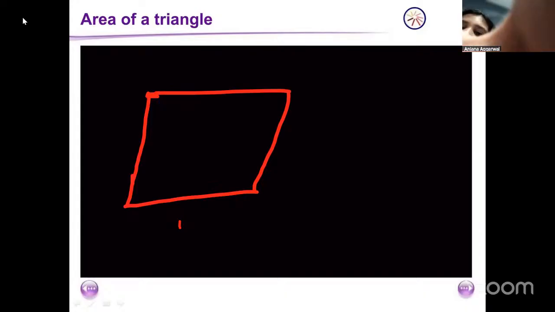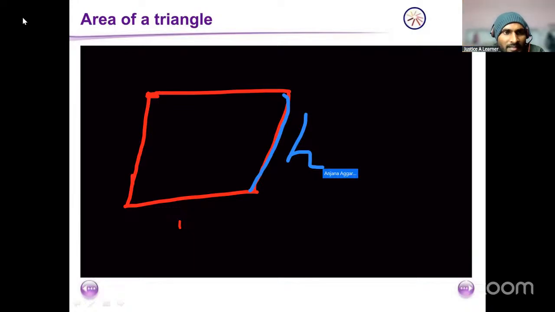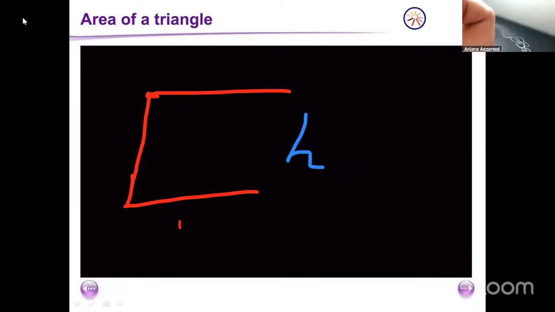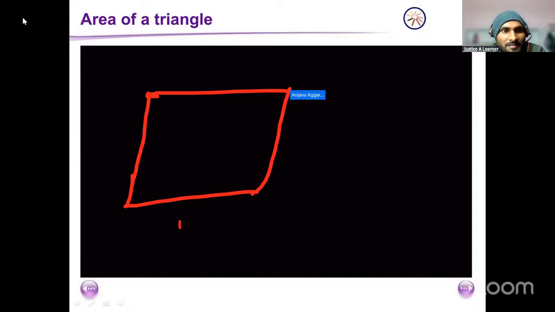This would be the height, and this is not the height, because that line is not straight. Perpendicular is height. Slope cannot be height.